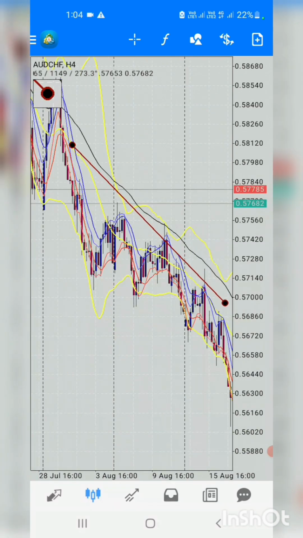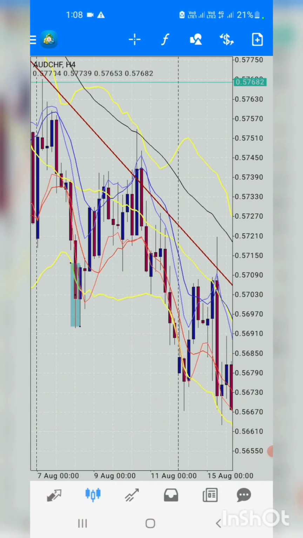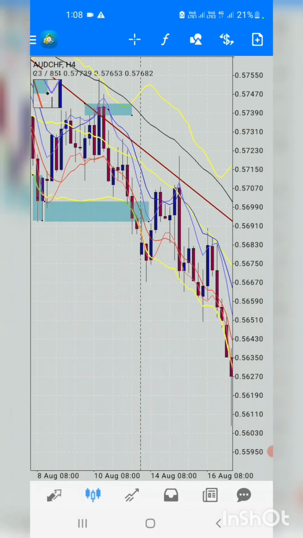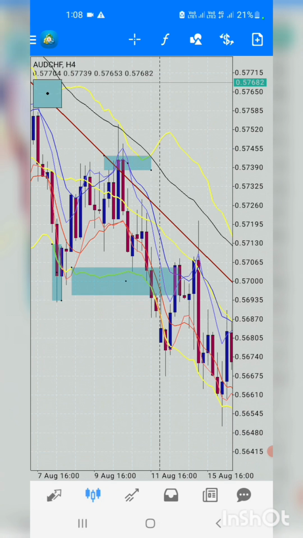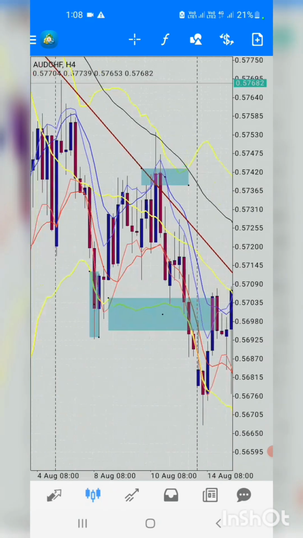Here also price is below the MA50 and you can see we have a re-entry at moving average 5, 10 high and take profit area at the previous low like this.